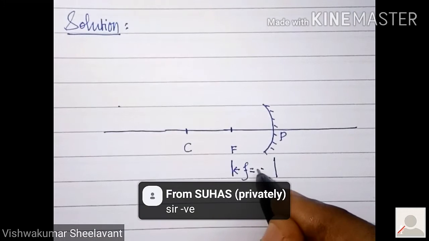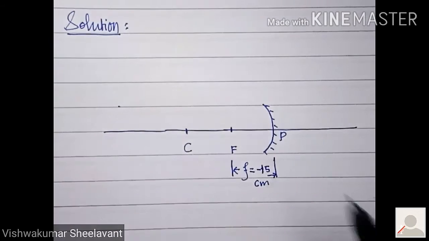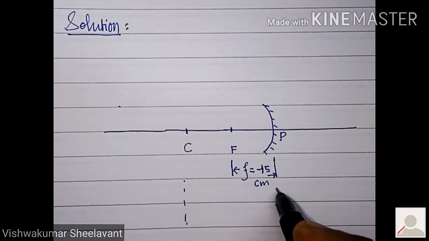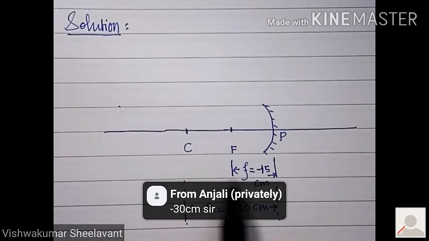So we write here minus 15 centimeter. Then what will be radius of curvature? Minus 30 centimeter, because R is equal to 2 times F.